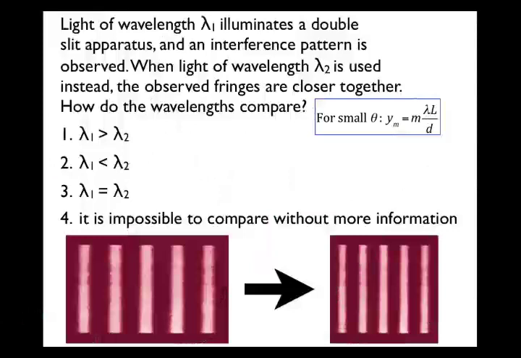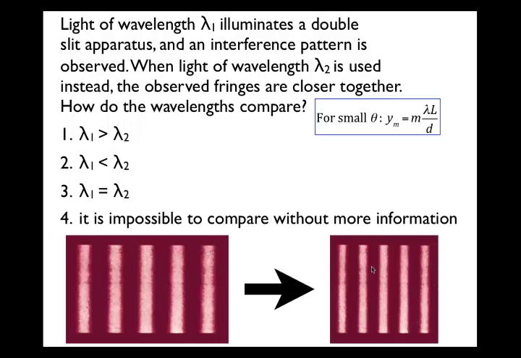If I have light that has a certain wavelength, lambda 1, and it illuminates a double slit apparatus and produces the interference pattern that we see here. If light of wavelength lambda 2 is used instead, and we see those fringes get closer together, how do the two wavelengths compare to each other?